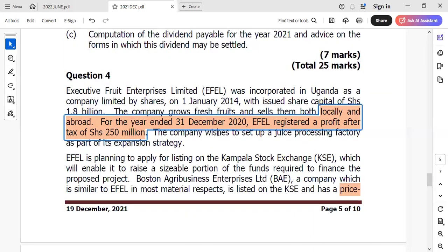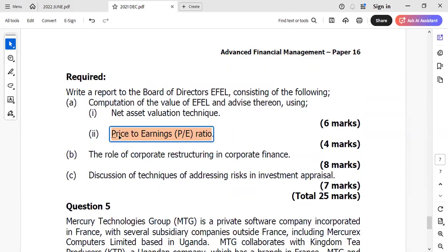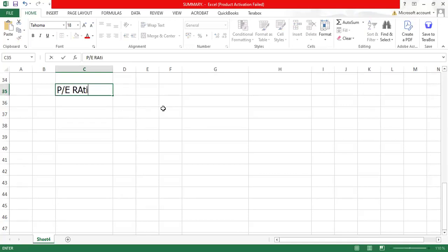What I have highlighted can help you to answer Roman 2, because with Roman 2, you're looking for market price per share. So PE ratio is equal to what?